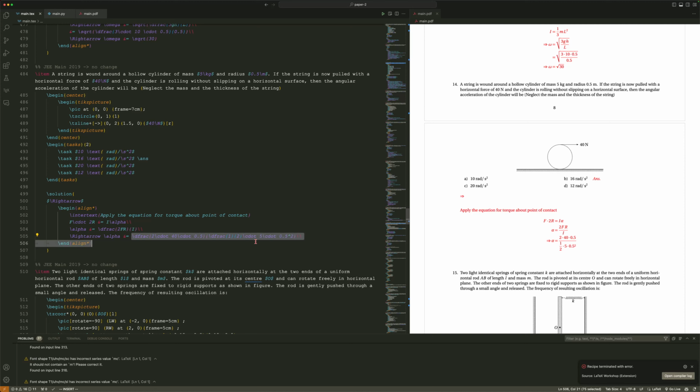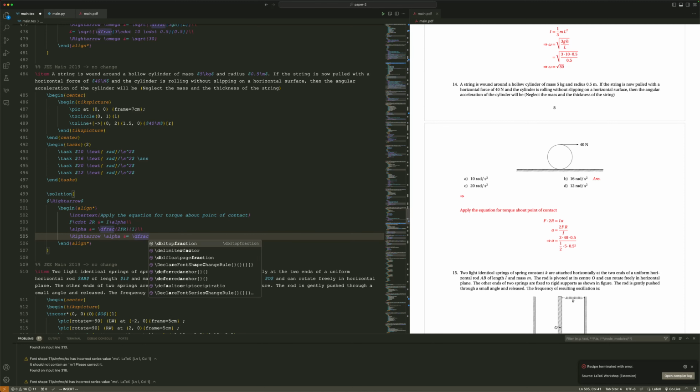Let's delete all these, I think this is crap. Let's put the torque first. Yes, it will be 2FR, and then we can put the moment of inertia, which is 2mr square. So yeah, that's the correct answer.